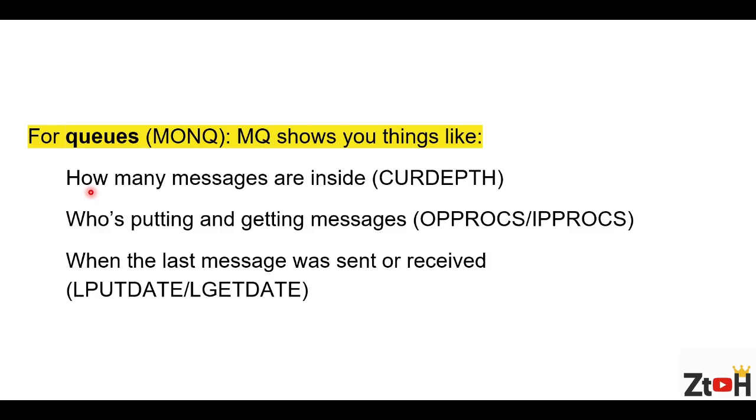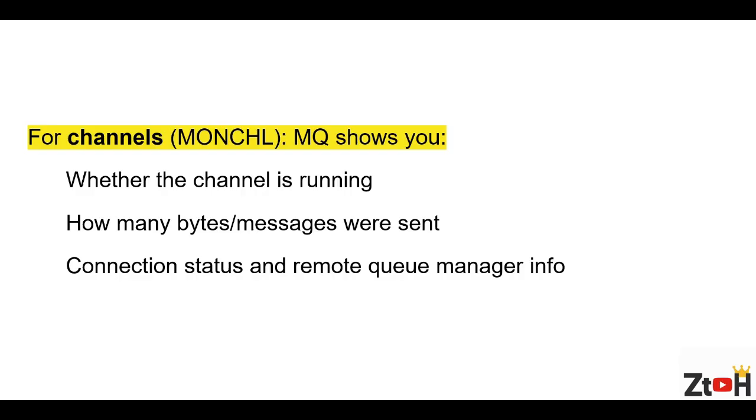For queues, MONQ shows you things like current depth, OPPROCS or IPPROCS, and LPUT date or LGET dates. For channels, MONCHL shows you whether the channel is running, how many bytes or messages were sent, connection status, and remote queue info.